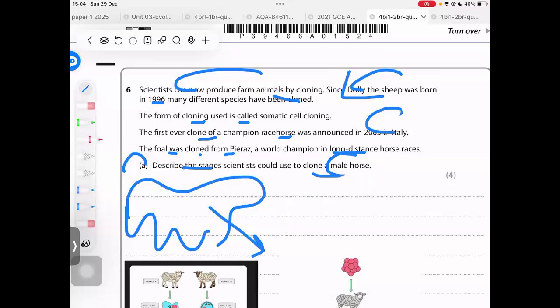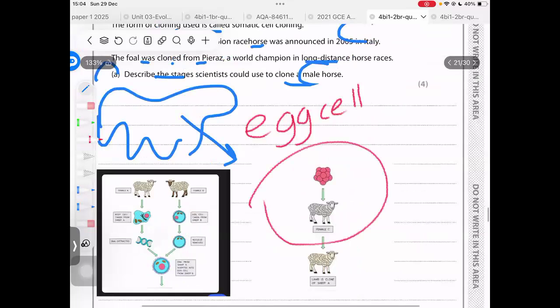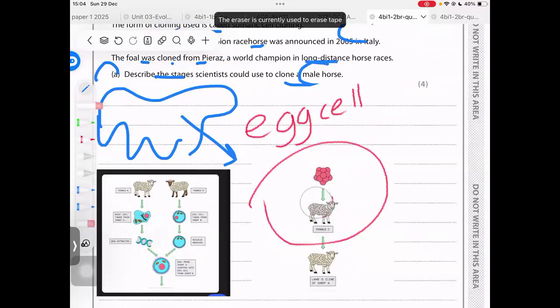You are taking an egg cell from a horse and removing the nucleus of that egg cell. The egg cell has a nucleus, and you remove it. Now the cell doesn't have a nucleus, but it has all the other things like the mitochondria.